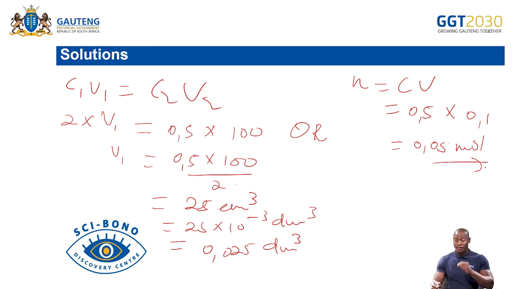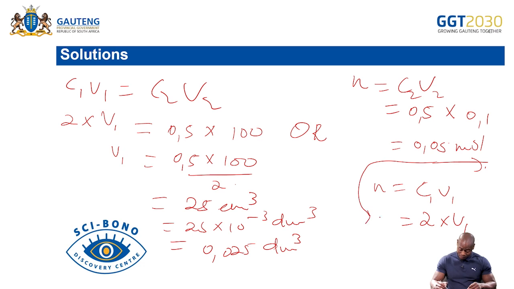But we know that when it comes to dilution, the number of moles remains the same. So this was C2 V2, and now this is C1 V1. The initial concentration is 2, and the initial volume is what we are looking for. The number of moles remains the same, which means here it is 0.05.